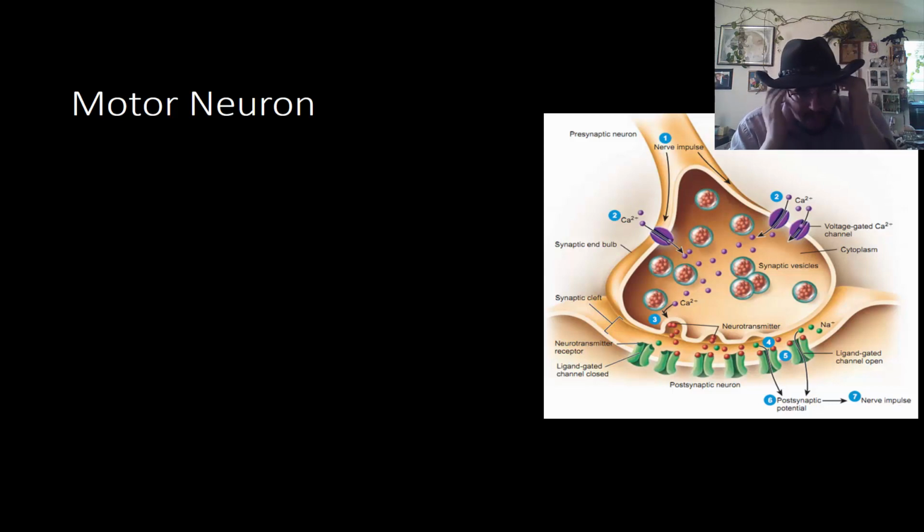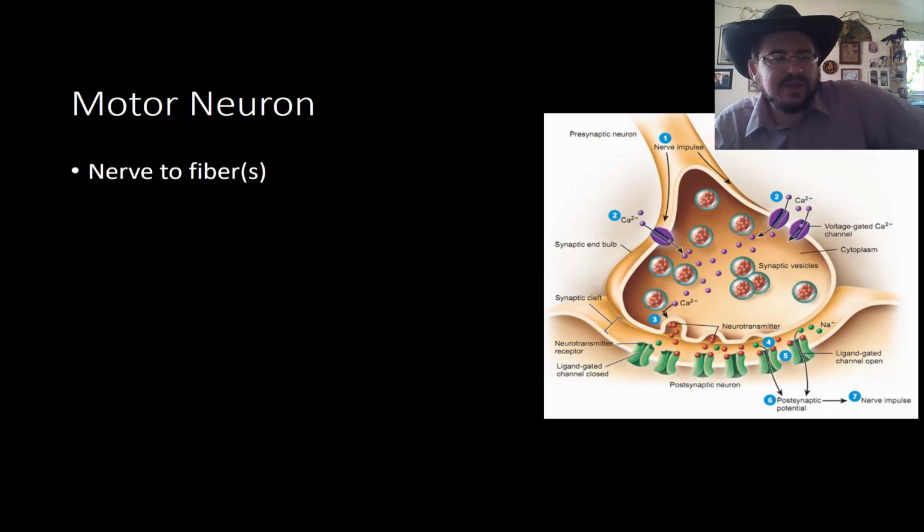But here, our conscious brain is in control, which means there are connections from the brain to the muscle. It goes brain, spinal cord, it's all central nervous system, out to the peripheral nervous system, where the motor nerve comes in and connects to the muscle, right? So a motor neuron is a nerve that connects to muscle fibers.